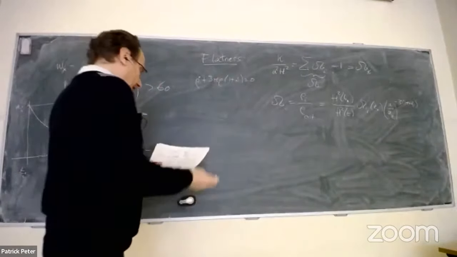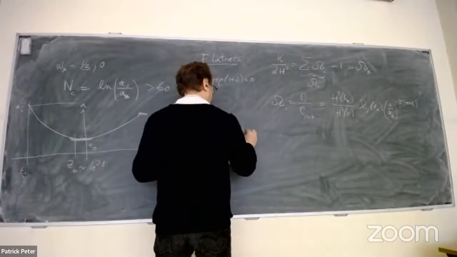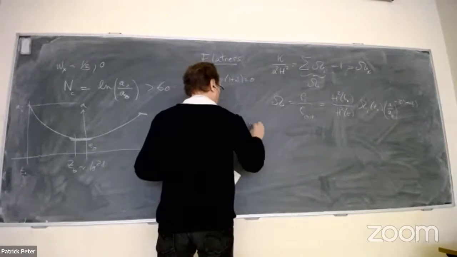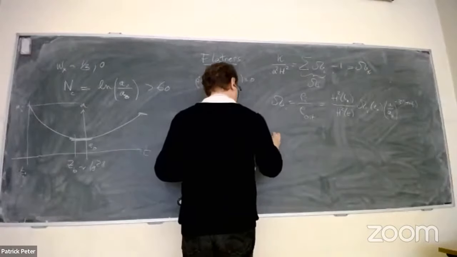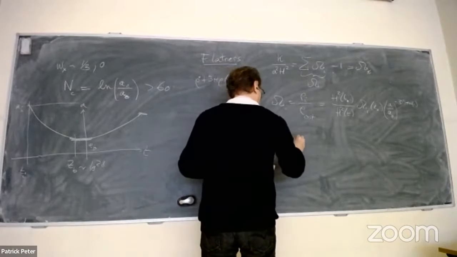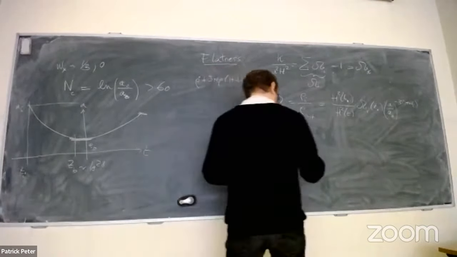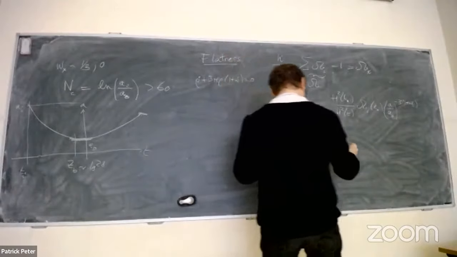You mix up all the things and you end up with the following result, which is d Omega_k divided by d log a equals (1 + 3w) times (1 minus Omega_k). So w now is the general thing, right? Just as it is in here.